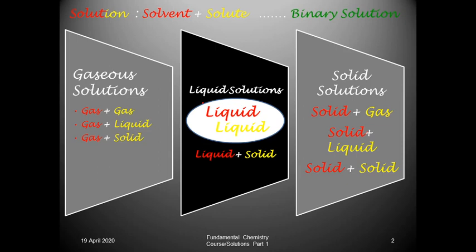Solvent and solute are relative terms, by quantity or concentration. Of the two components in a given binary solution, the one which is far greater in concentration relative to the other, we term that component the solvent, and the other, which is relatively low in concentration, we call the solute.